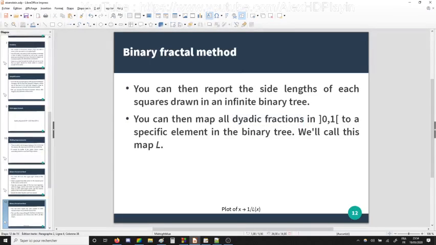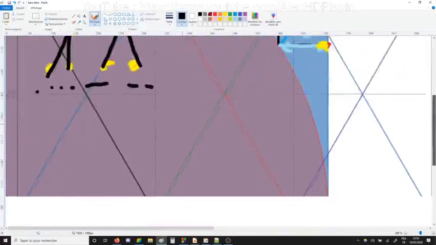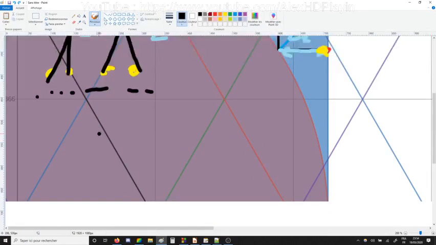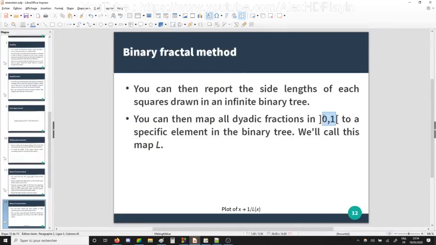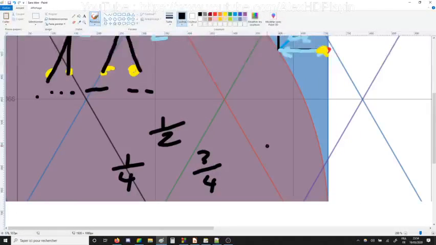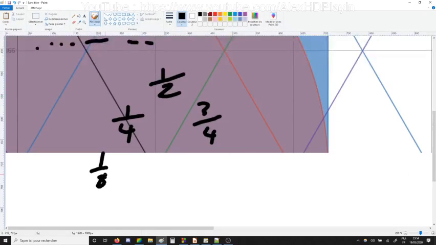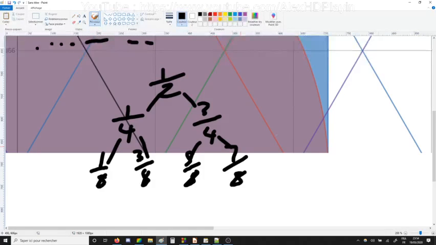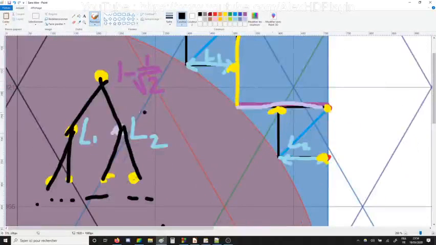This is what a dyadic fraction is, and basically they can be listed as 1/2, 1/4, 3/4, between 0 and 1 at least, without 0 and without 1. So 1/8, 3/8, 5/8, 7/8.